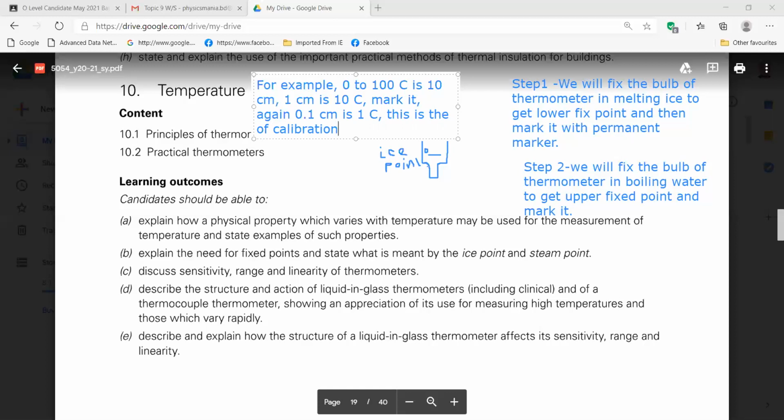So we are done with learning outcome B. We are done with learning outcome D. Okay. And now we will do part C. Will you offer your prayers? Yes. So I am giving you a break.